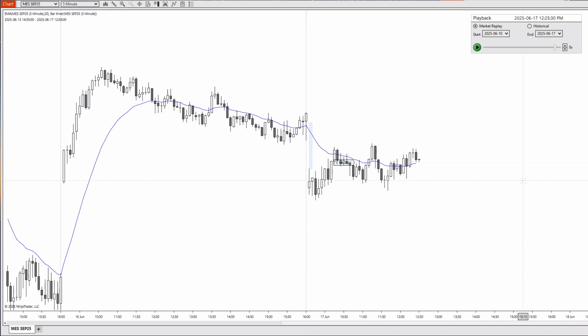Top of the trading range, at least the test of the top, at least here. Order filled.